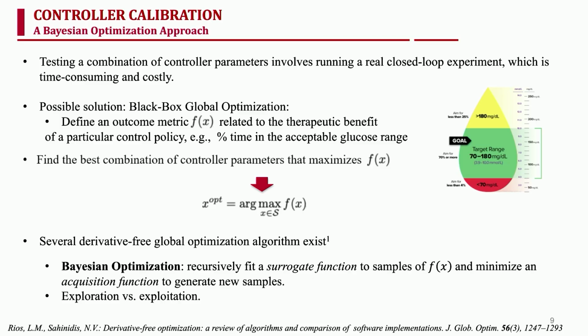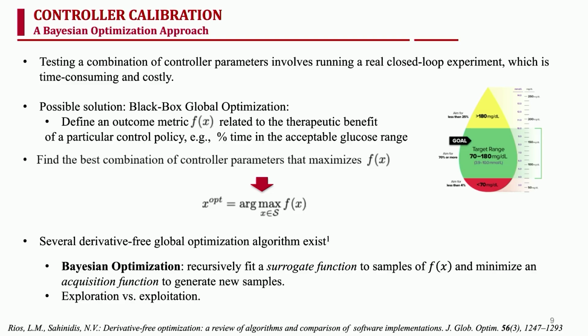Now, if we test the combination of controller parameters, this is going to be very expensive. We have to run multiple closed-loop control experiments, even if we have a digital twin. So what we do, we find a function that we call f of x, that is related to the therapeutic benefit of our strategy.